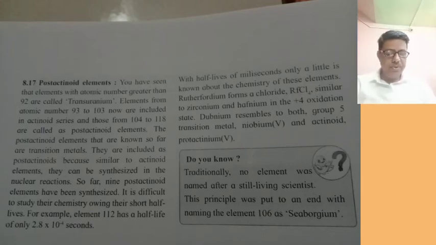Then we move to the properties, that is their physical properties and some atomic and ionic radius. Trends in atomic properties of the first transition series, that is their metallic character, magnetic properties.